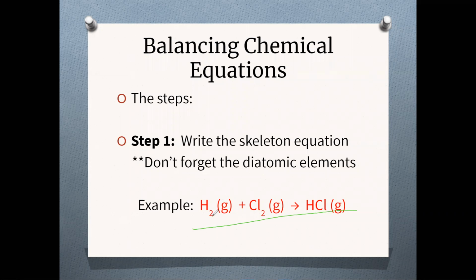I would expect you to know, okay, well, hydrogen diatomic, chlorine diatomic. I would expect you to be able to come up with a formula by me saying hydrochloric acid. Again, those are skills that if you don't know how to do that, you have to talk to me. So that's step 1, write the actual skeleton equation.